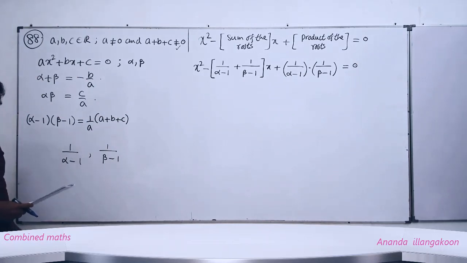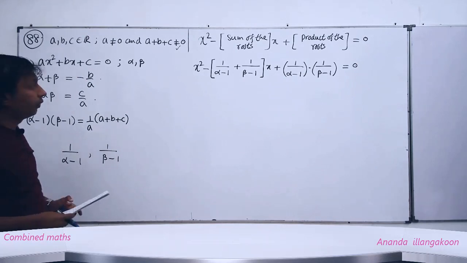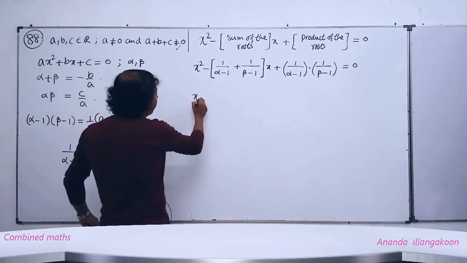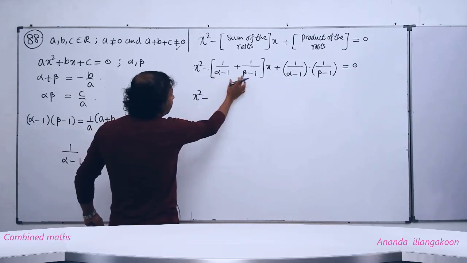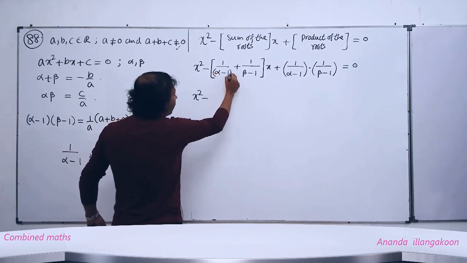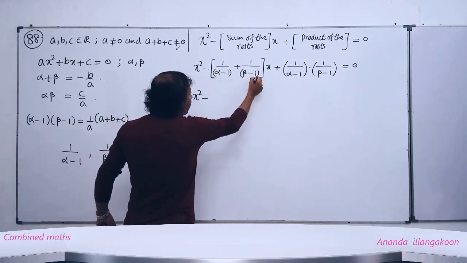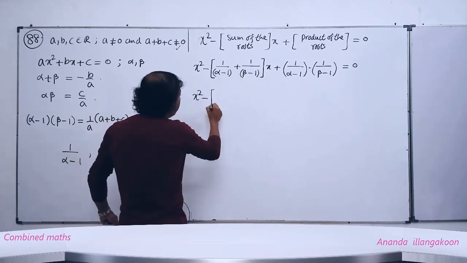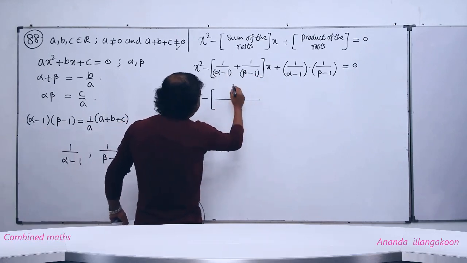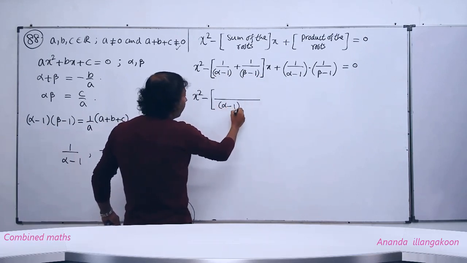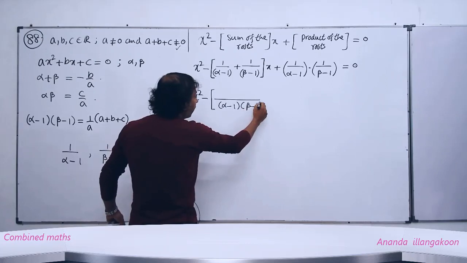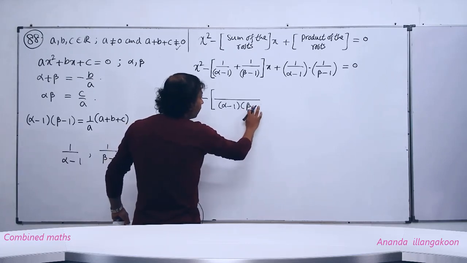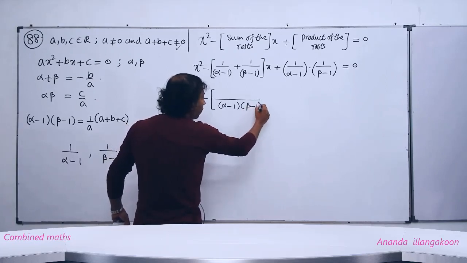Right. Now we'll simplify this a little bit. X squared minus, within this bracket take this (alpha minus 1)(beta minus 1) product as the common denominator. Then what do you get when I take this alpha minus 1 and beta minus 1 as the product as the common denominator?